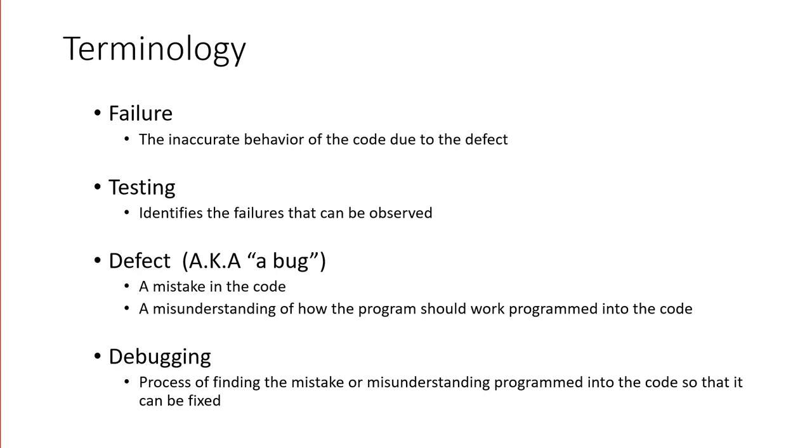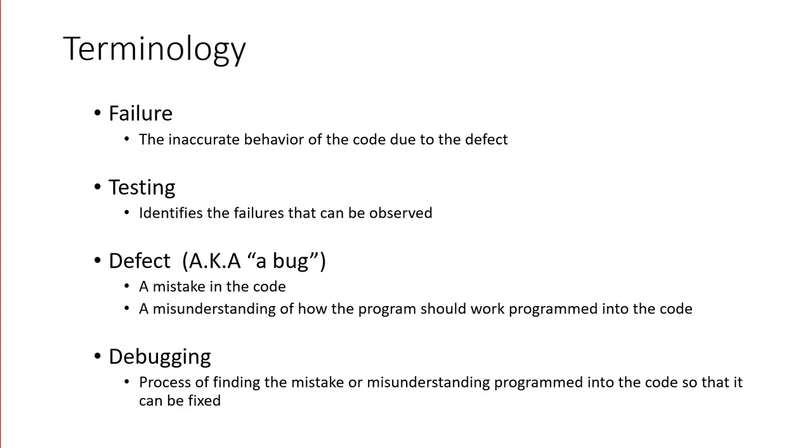Or maybe it wasn't that you made a mistake in the programming part, but maybe you made a mistake in understanding how the program should work, and you programmed it the way you thought it should work, but it is not the way it was supposed to work, and so therefore that would also be a defect. And we like to call those bugs.